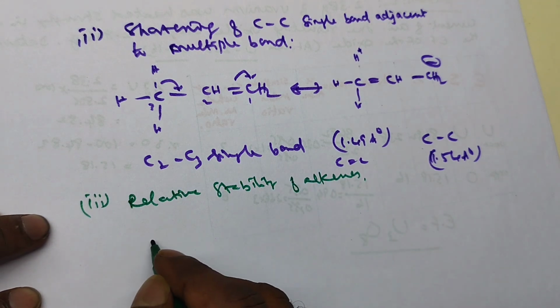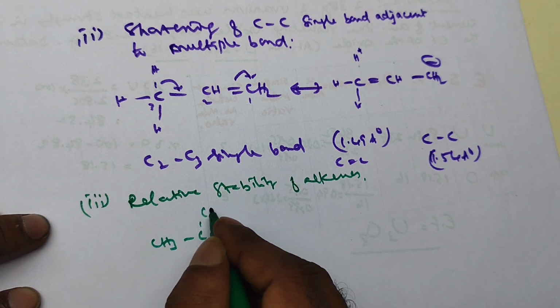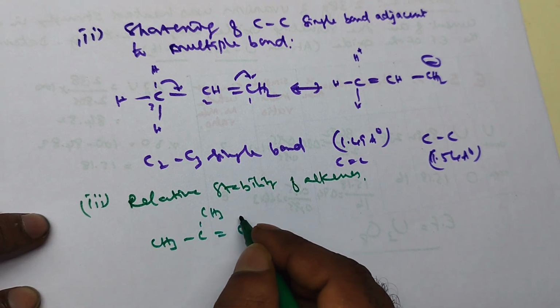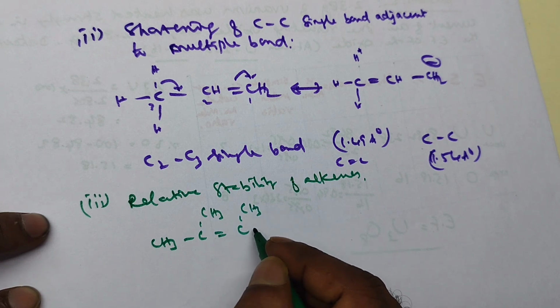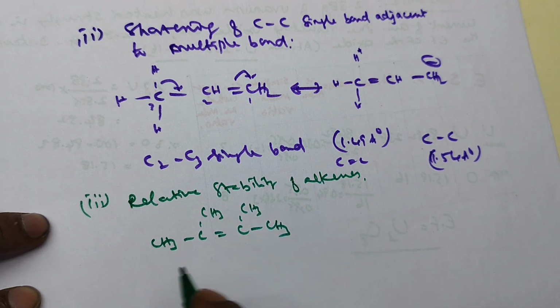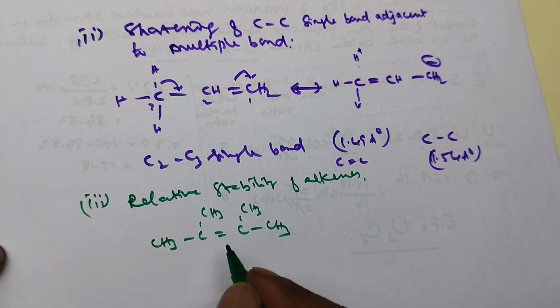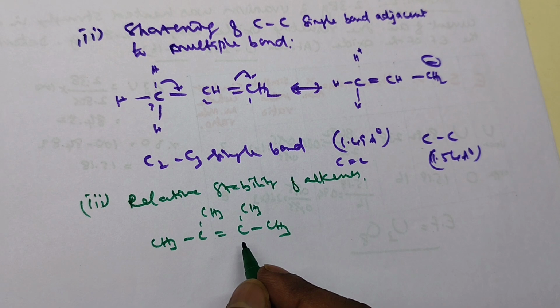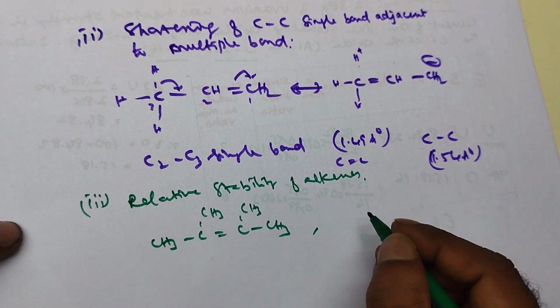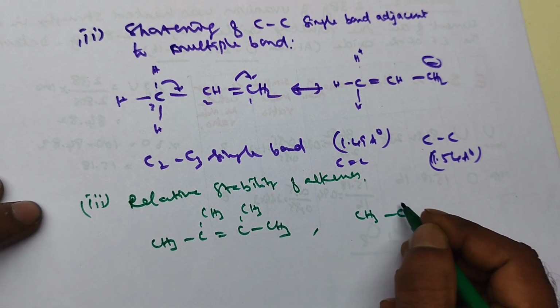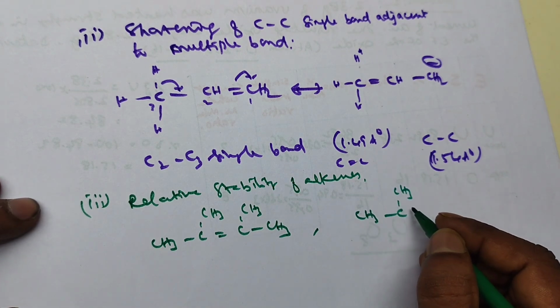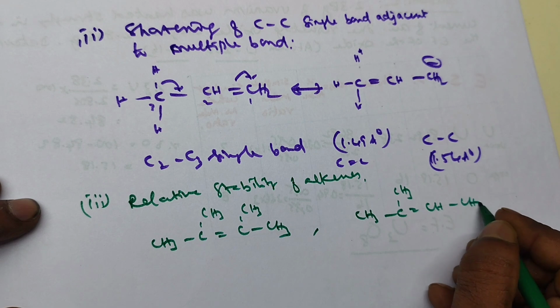For example, you can take CH3 C CH3 double bond C CH3 CH3, which is 2,3-dimethylbutene. Another structure is CH3 C CH3 double bond CH CH3.